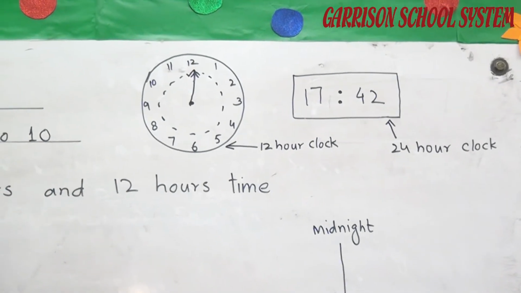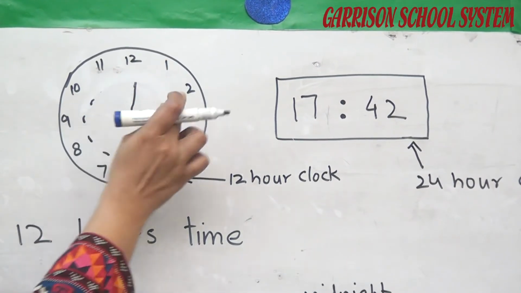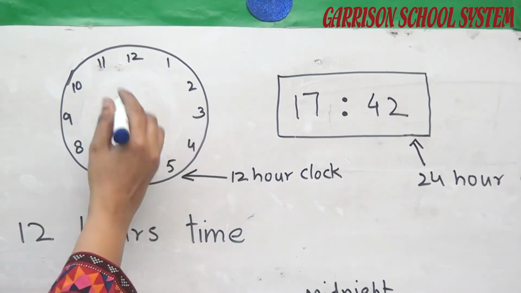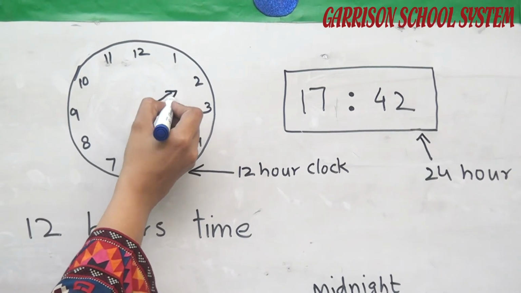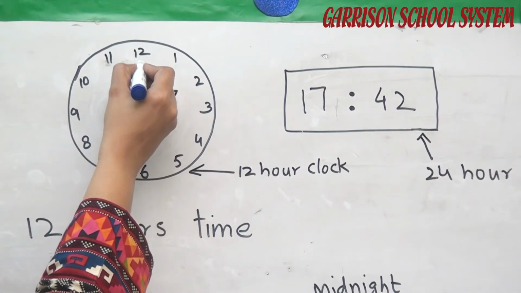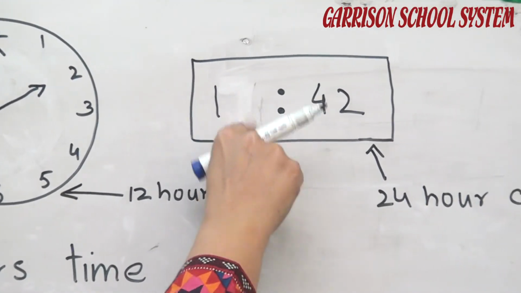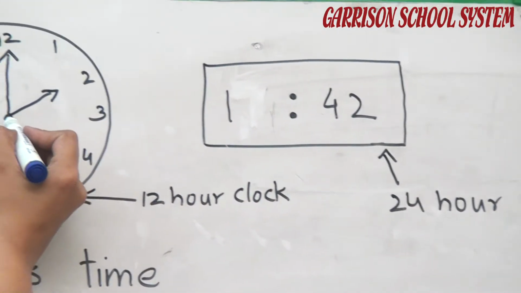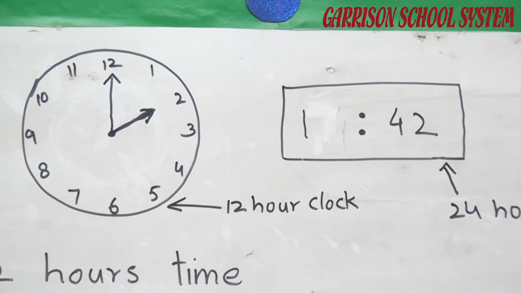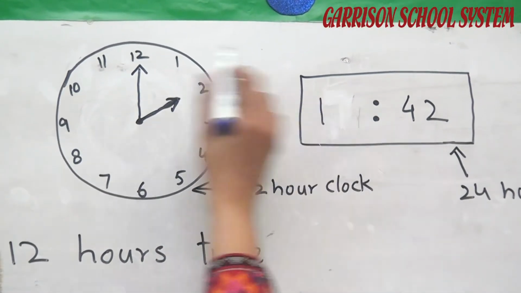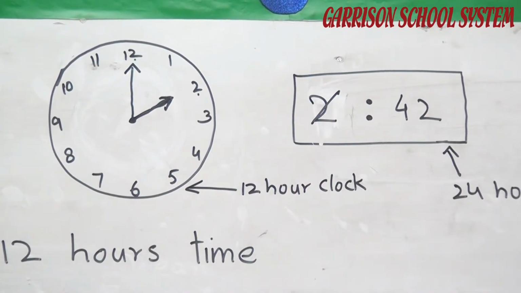We can explain it in this way. When this clock rang 2 o'clock, this clock also rang 2 o'clock. In the evening, the clock does not ring 2 here.